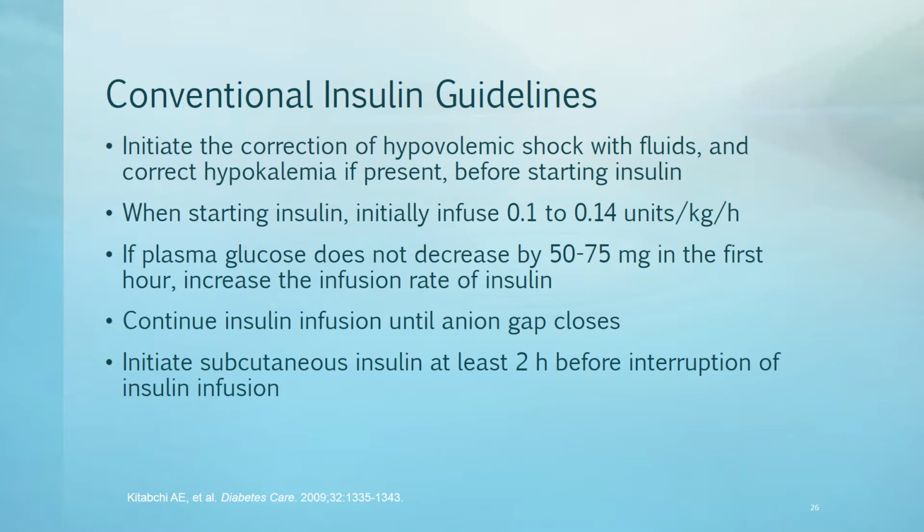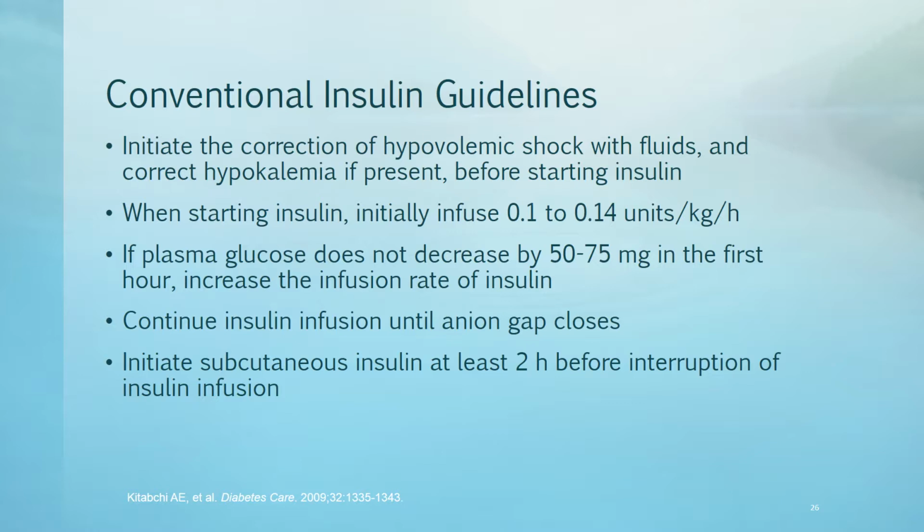So our goal is to initially correct our hypovolemic shock with fluids. Remember, we're going to give many liters and liters of fluid. After we do that, we're going to correct hypokalemia, if present, before starting insulin. The reason why we want to correct hypokalemia if this patient comes in hypokalemic, remember, every patient is going to be unique. However, on average, they come in hyperkalemic, but our patient is never perfect.